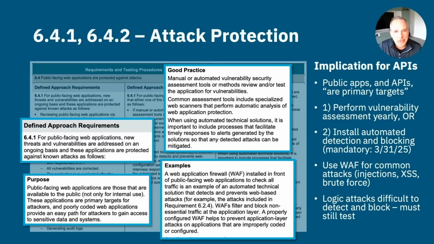There are API-specific runtime protection solutions as well that act like WAFs for APIs. In terms of timing, 6.4.1 gives organizations a choice of approaches, but you have to comply with one or the other by March 31, 2024.